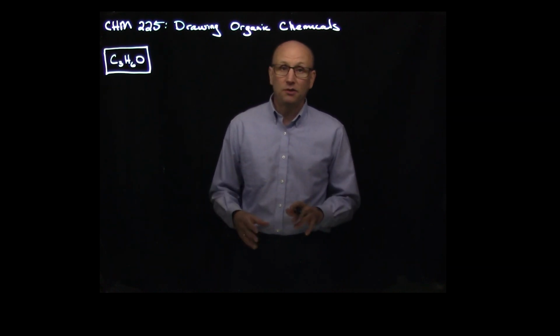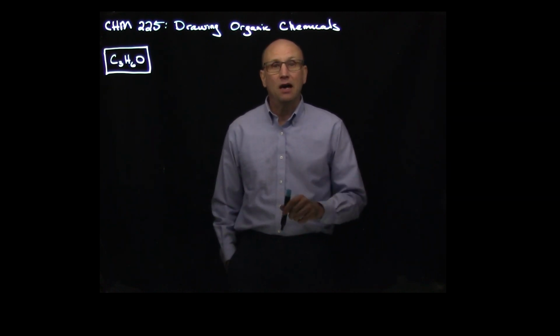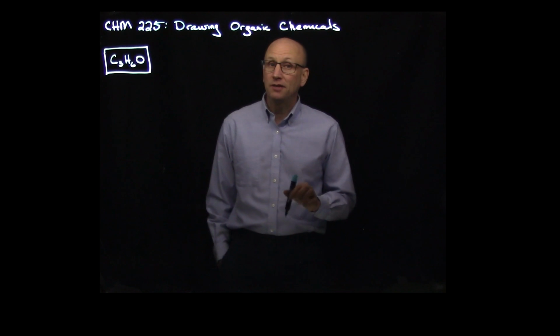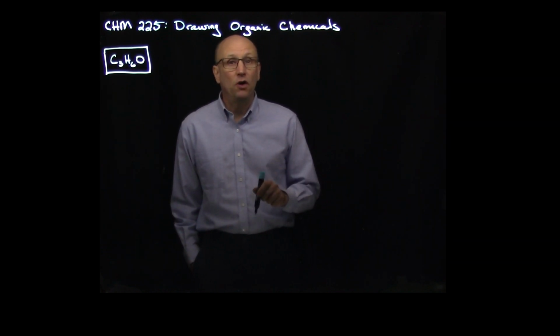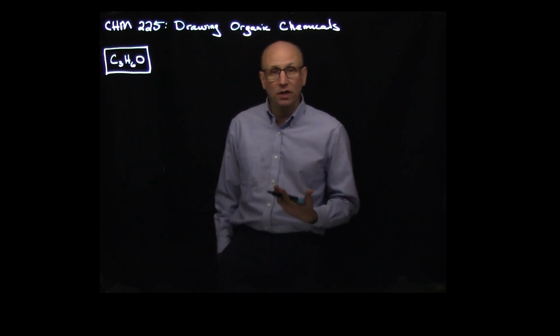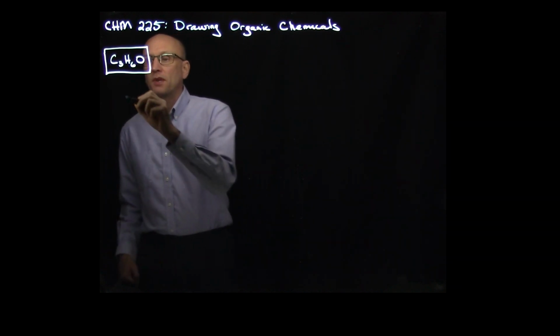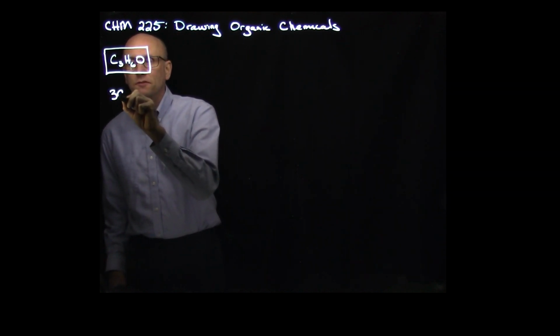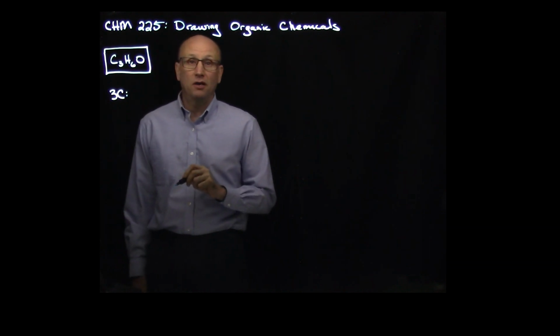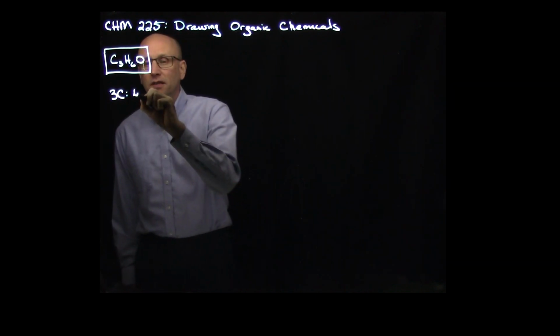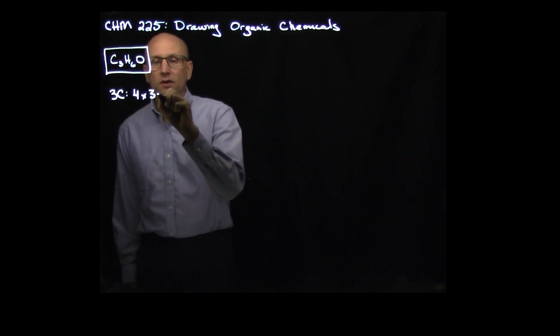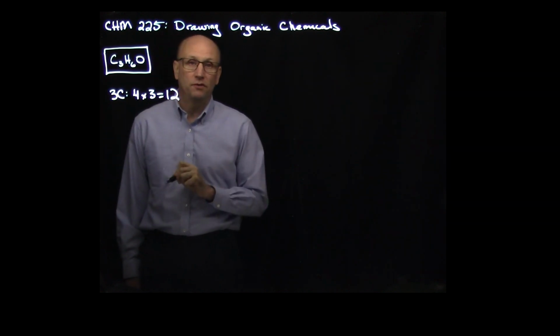The first thing we want to do is count valence electrons. These are the electrons that are involved in bonding, the electrons we're really interested in. So for C3H6O, we have 3 carbons. Each of those carbons has 4 valence electrons, so we end up with a total of 12.